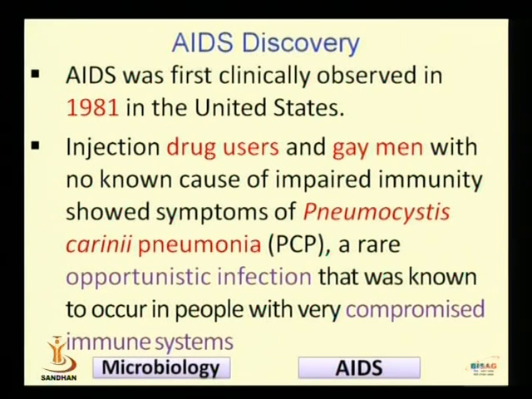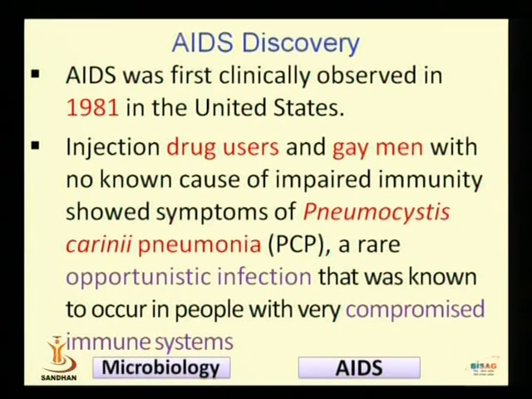Now, when was this disease discovered? AIDS was first clinically observed in 1981 in the United States, and later in the same year many new cases were also observed.